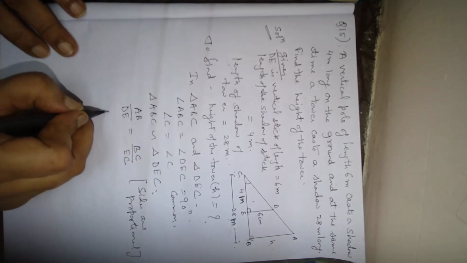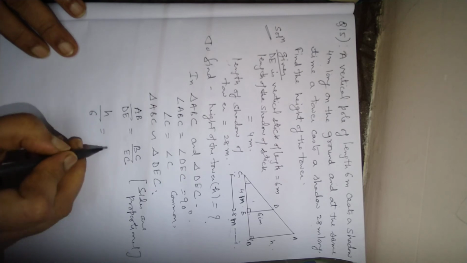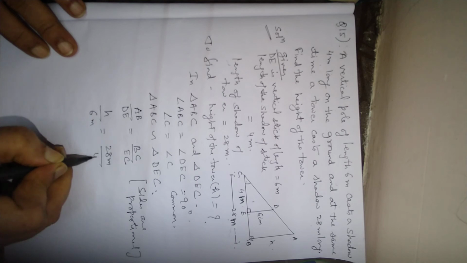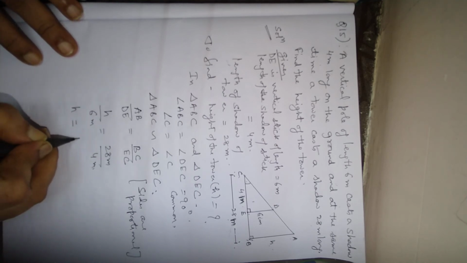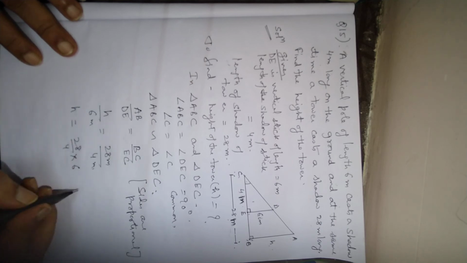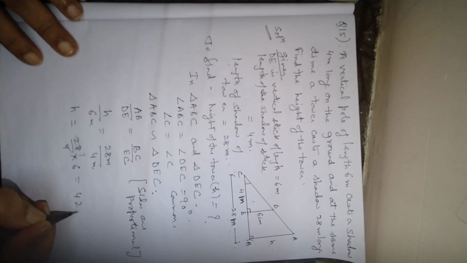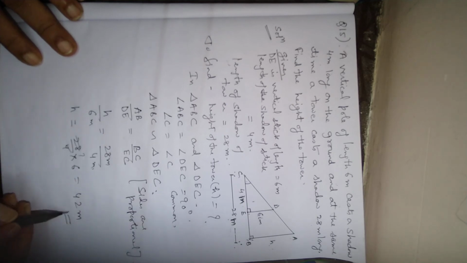AB is the height h we have taken, DE is 6, BC is 28 meter, and this is 4 meter, given. So h equals 28 by 4 into 6, that is equal to 42 meter. So the height of the tower is 42 meter.